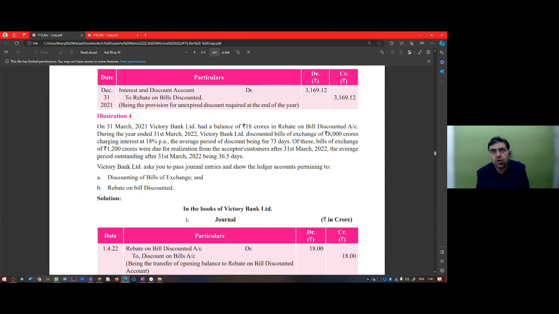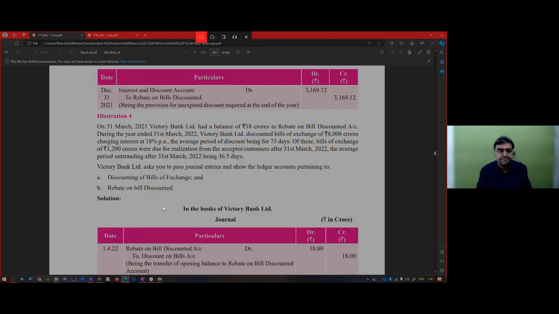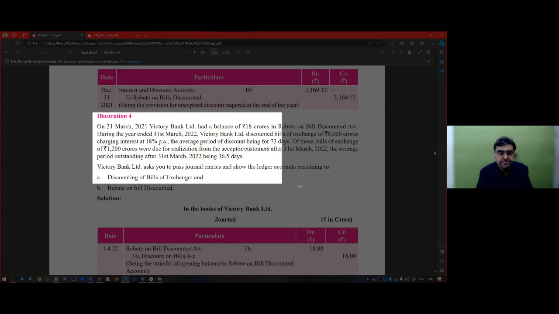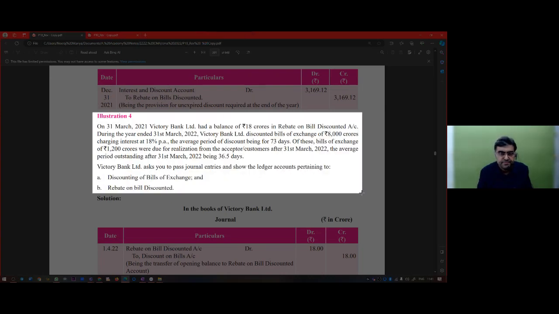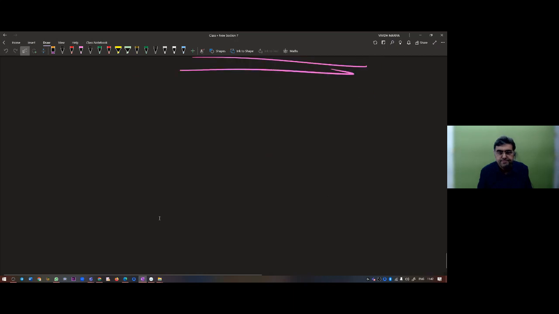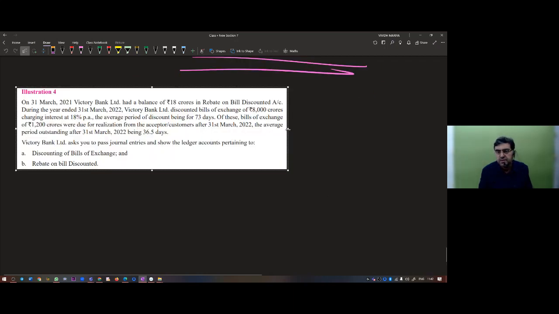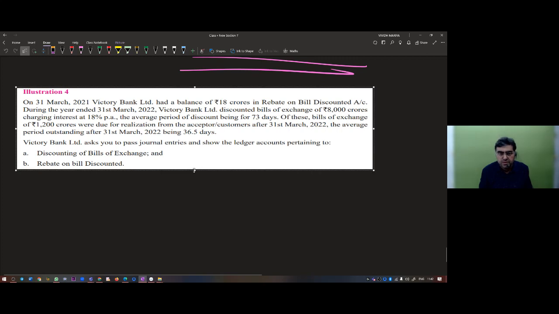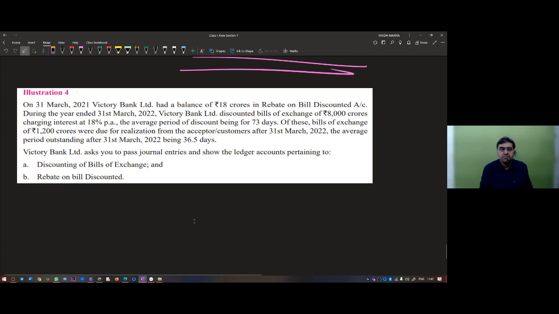Another question on rebate on bill discounted. We have promised we'll do the total chapter, means total chapter. You must read the question, only thereafter we can further continue.